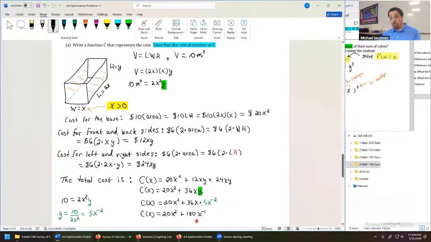And let's just say it again down below here. Now that we have a cost function, x has to be bigger than 0. That gives us an implied domain. It's now from 0 with a parenthesis, not a closed bracket, off to infinity.